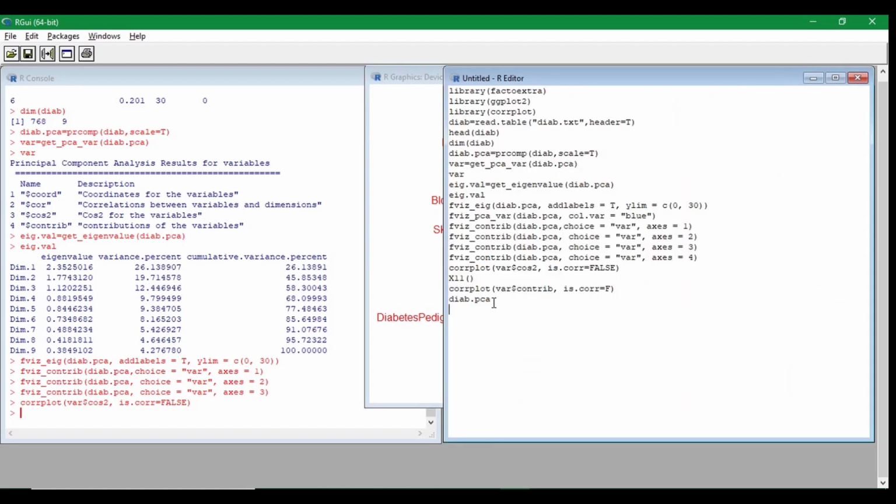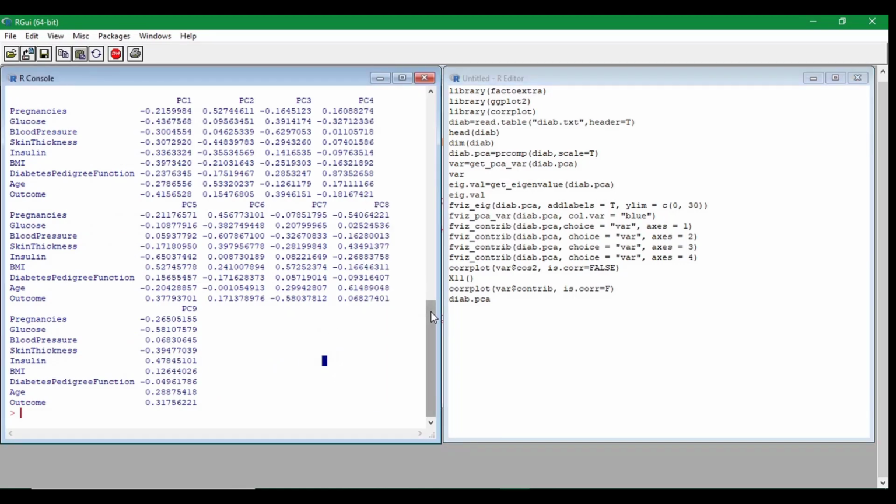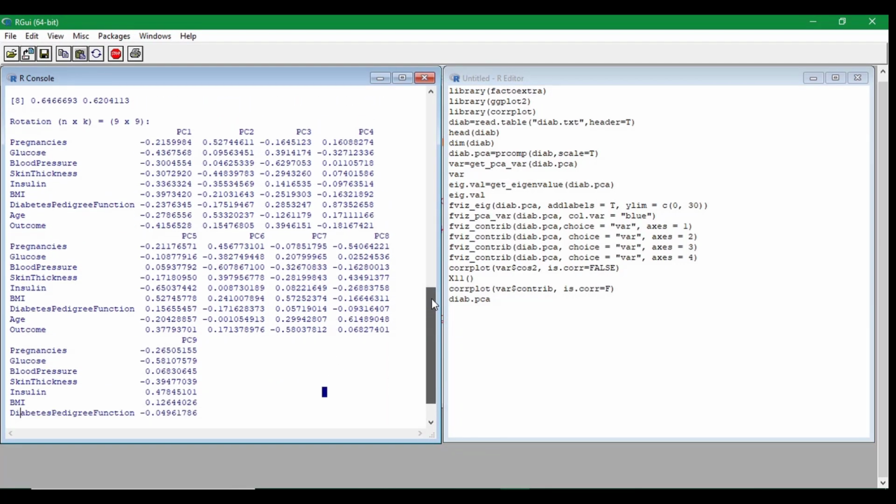Now let's look at the principal component values. Now this might look a bit messy for persons to understand and try to analyze. So persons tend to use graphical methods to interpret their values.